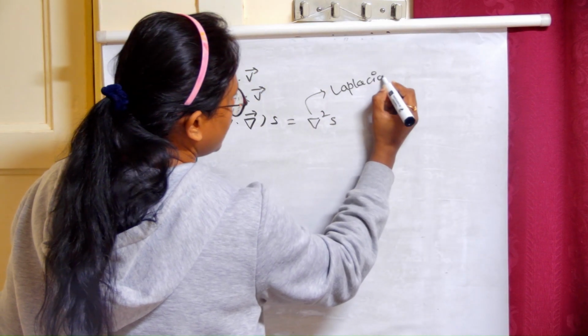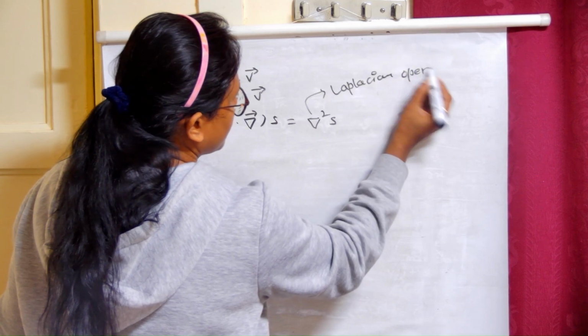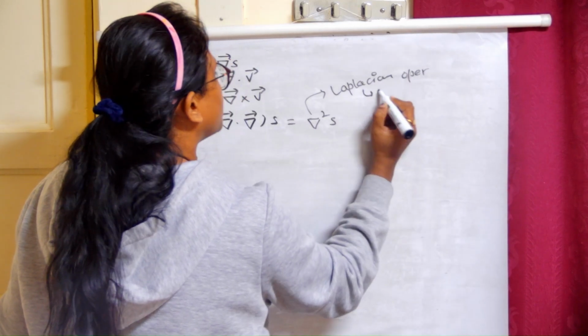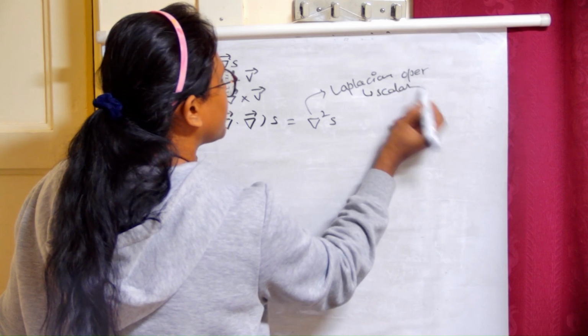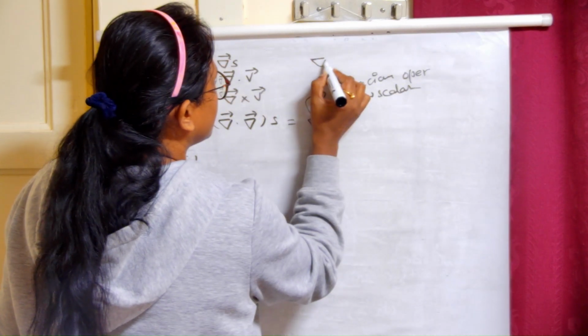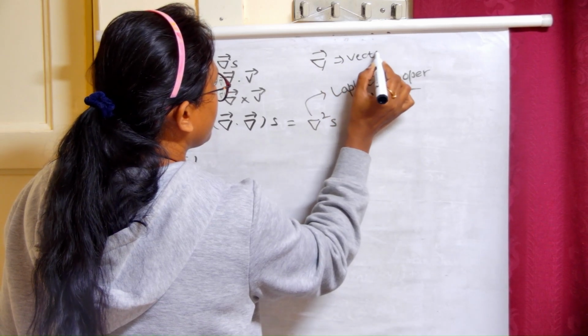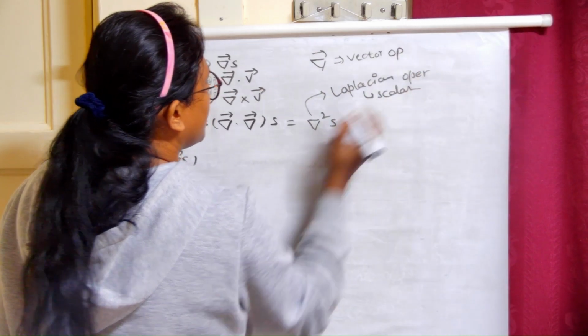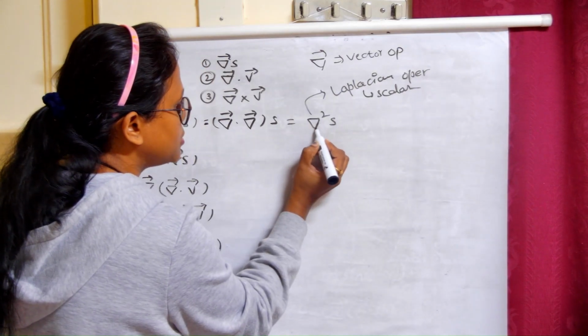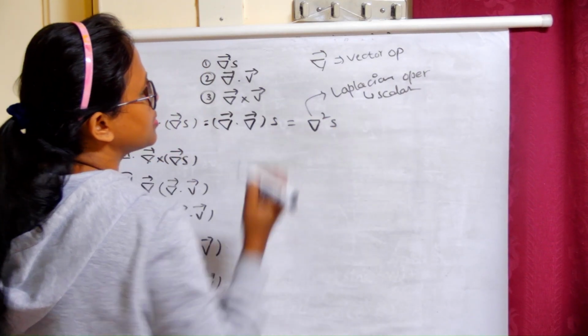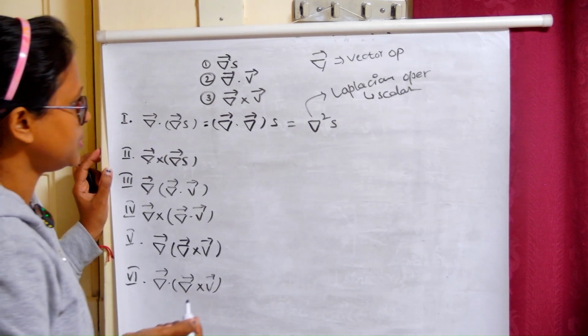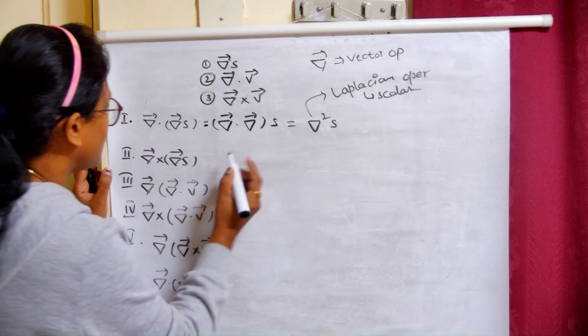We call it as Laplacian operator, and this is a scalar operator. Del bar is a vector operator and Laplacian, which is del square, is a scalar operator.